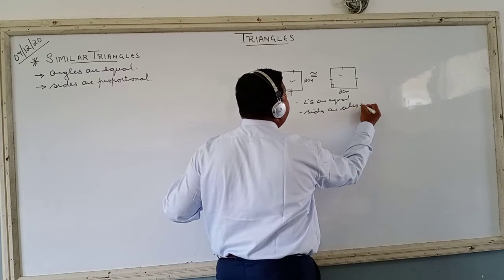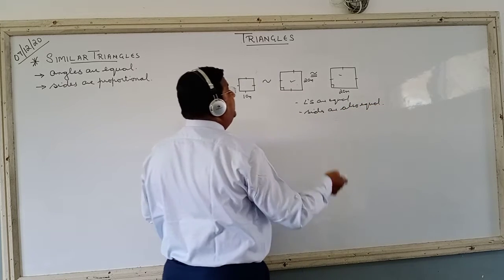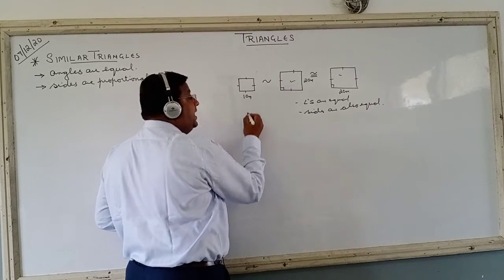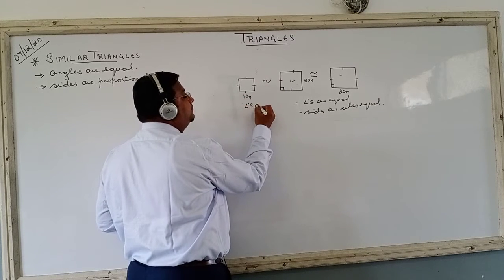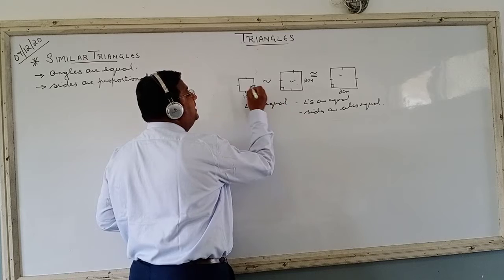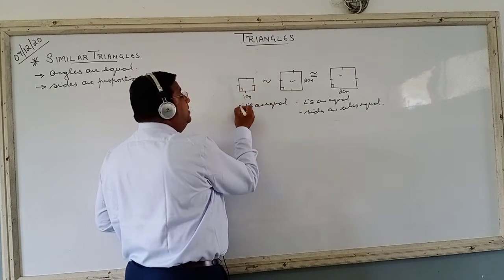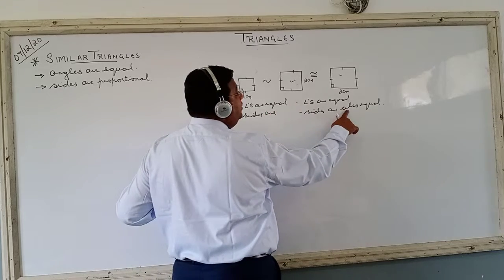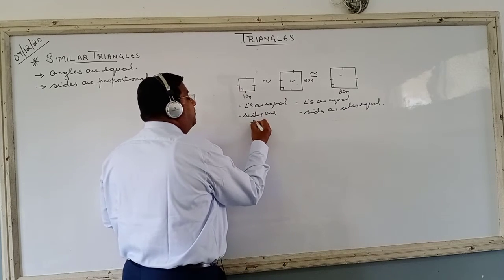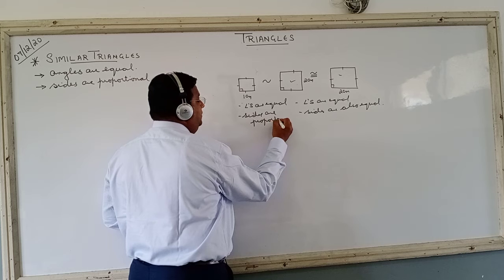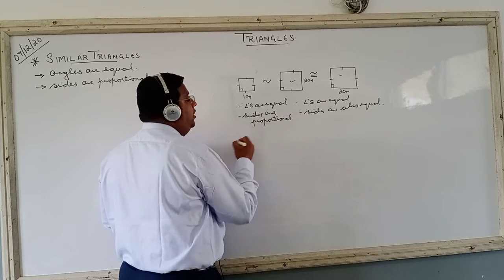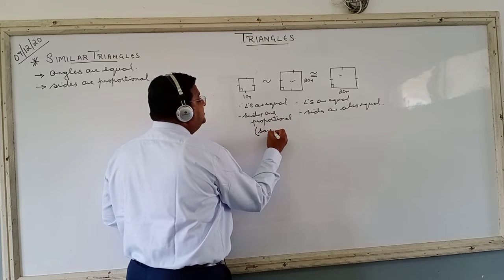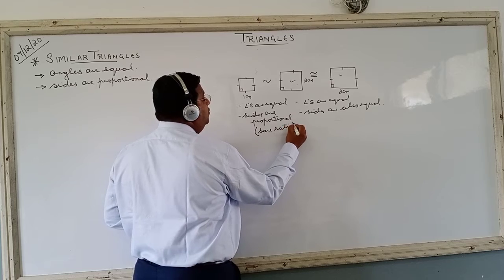But when we talk about similar figures, angles are equal, all vertices are 90, but the sides are not equal, they are proportional. Proportional we call it, or we call it same ratio.